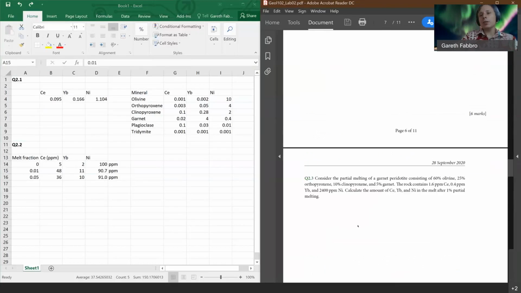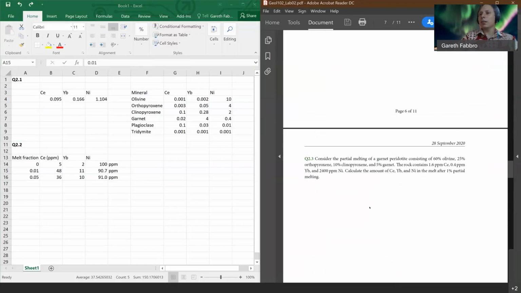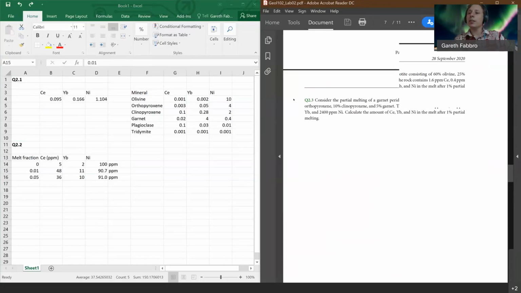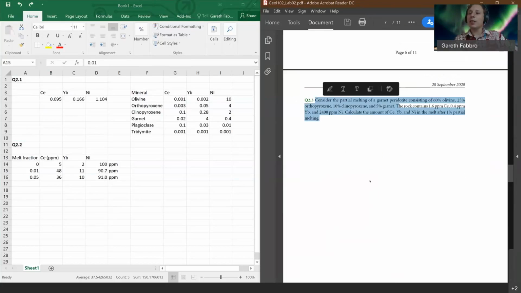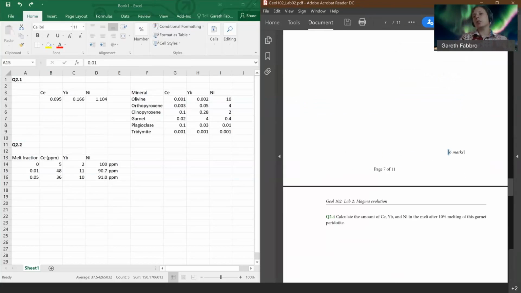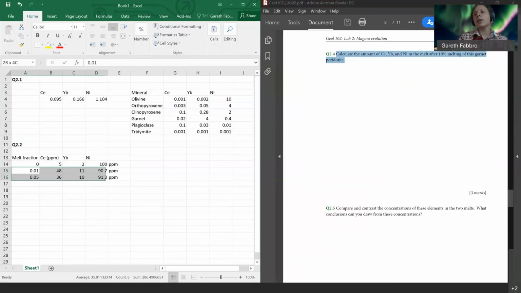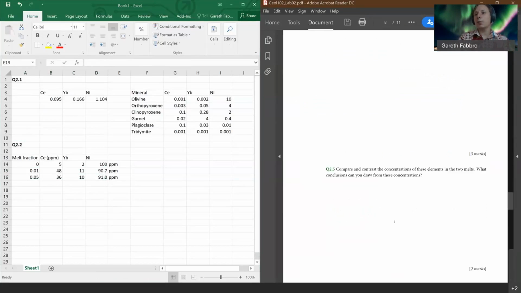How would you be able to use these kind of... is that what I was asking? No, so have a look between the 1% partial melting of this garnet peridotite and the 10% melting of this garnet peridotite, and see how the concentrations change as you go from 1% melting to 10% melting, a bit like we just discussed for the 1 and the 5% melt of this rock. And so what conclusions can you draw? What can you say about the behavior of the different elements?